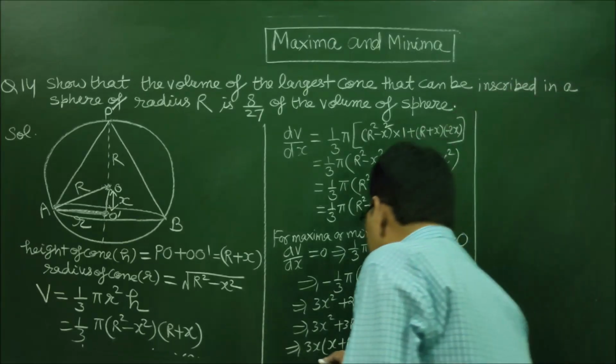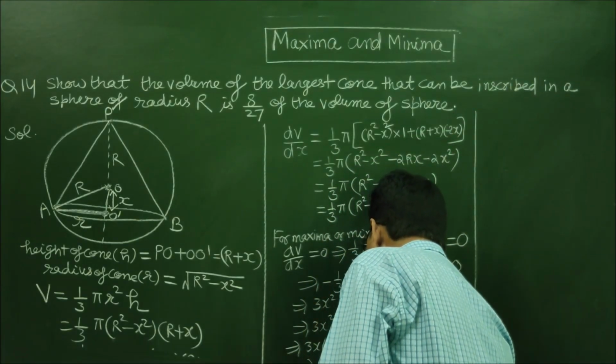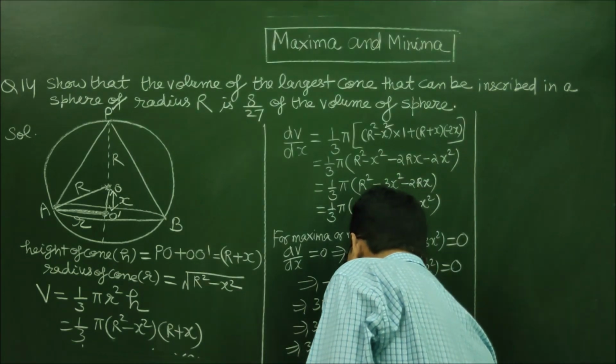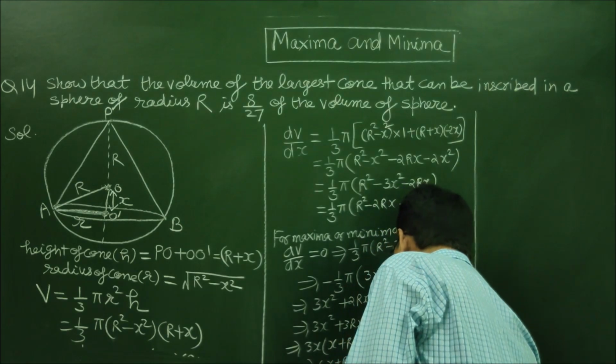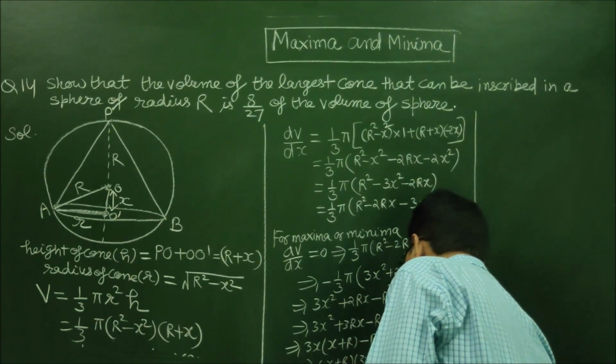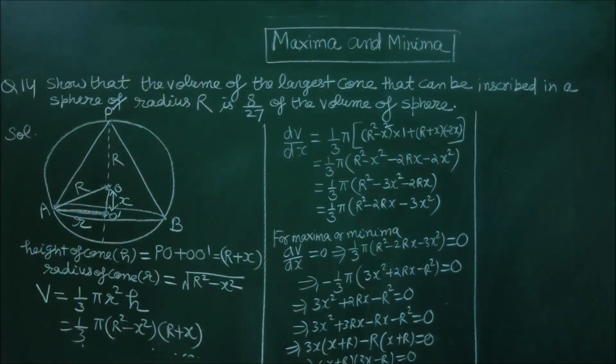This gives us x plus r into 3x minus r is equal to 0. So the value of x is either equal to minus r or the value of x is equal to r upon 3. This is not possible. The value of x cannot be negative, so x is equal to r upon 3.